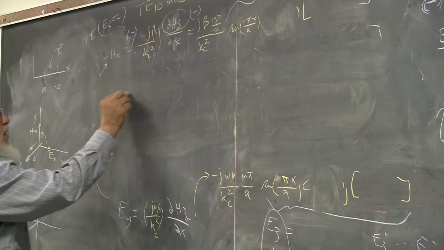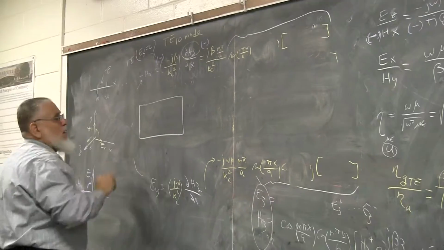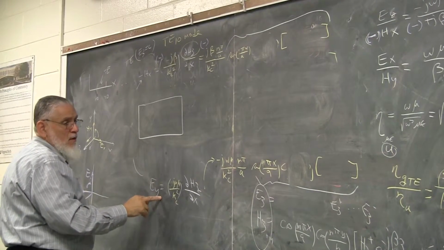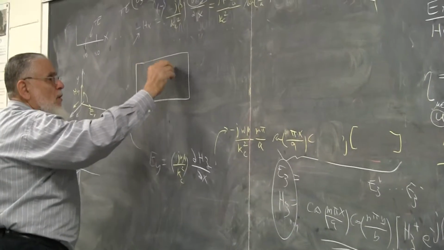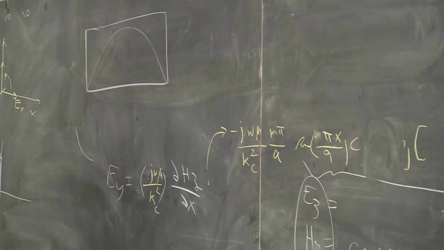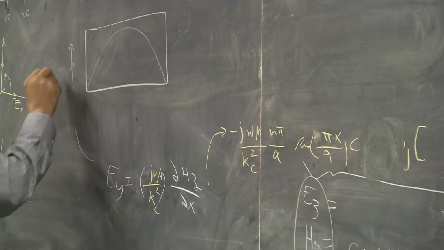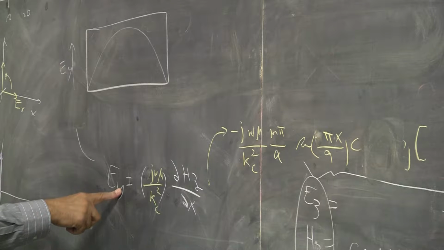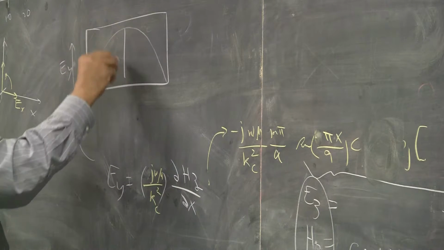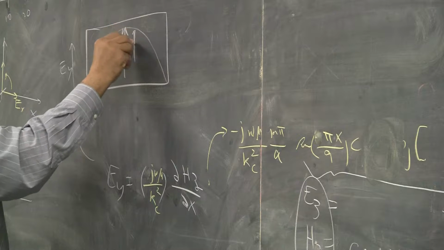So over the cross section, you have EY that goes sinusoid with one lobe. There's no EX, so the electric field is doing this.